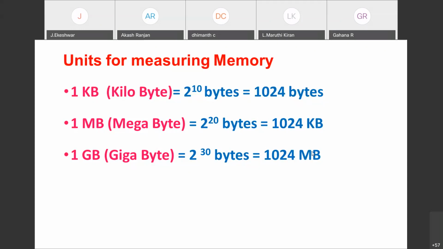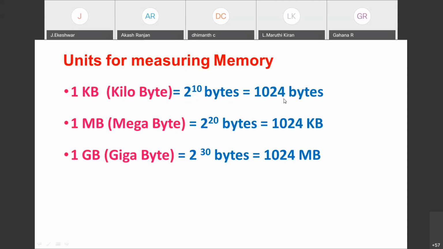Each location in the memory will be assigned a unique address. If we just specify that address, from that address we can fetch the byte of data. That we call byte addressability. So a unique address is assigned for individual byte locations. If I say memory with capacity 1 kilobyte, it means 2 raised to 10 bytes.